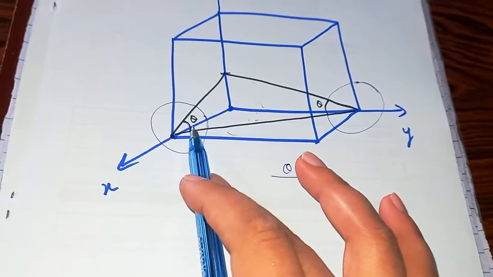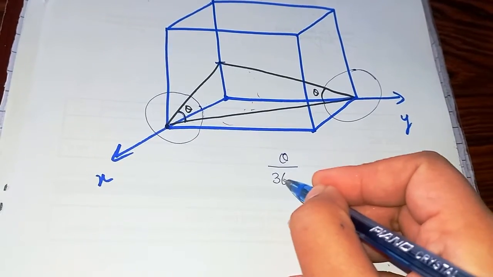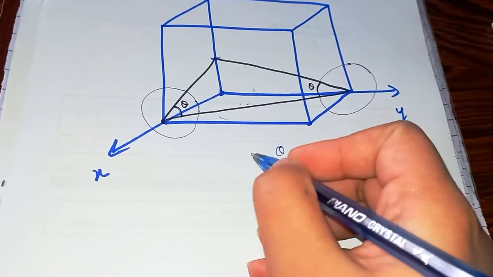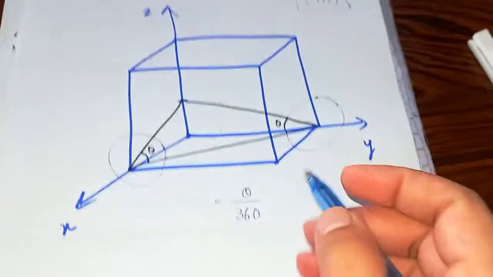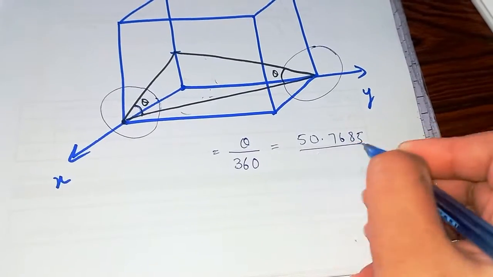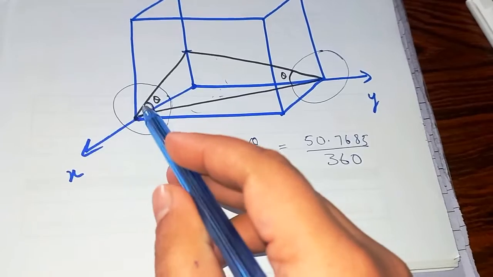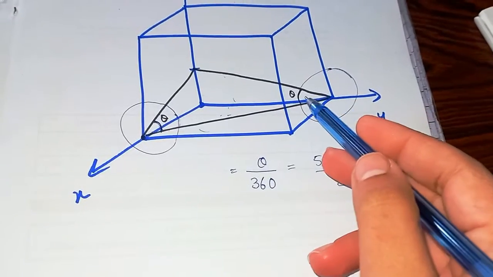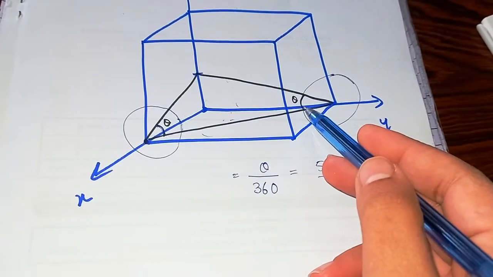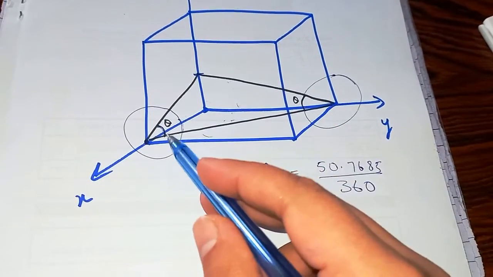For that purpose we need to divide this theta by the total angle of the circle, which is 360. We have this theta angle over here, so we'll divide 50.7685 by 360, and we'll get this atom's contribution to the plane. And the same theta is here, so it will have the same contribution as this atom.